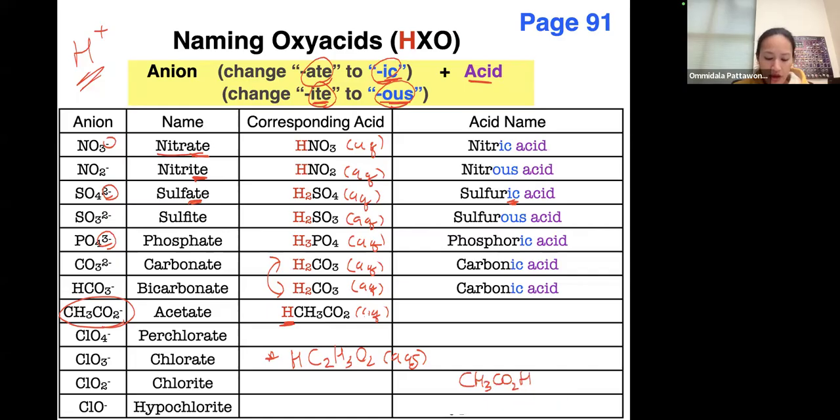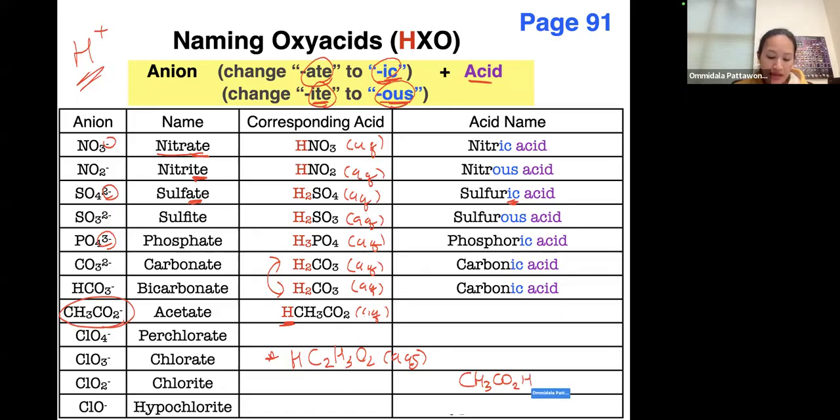This form tells you the location of where the hydrogen is actually bonded. It doesn't bond to carbon, it's actually bonded to oxygen in this case. We're going to learn about the structure more later. But this is another form of acetic acid, CH3CO2H.